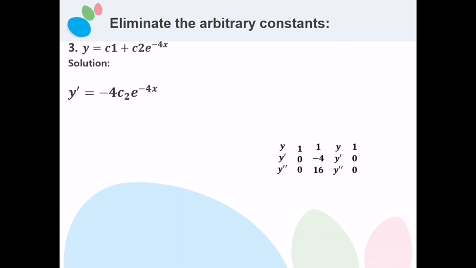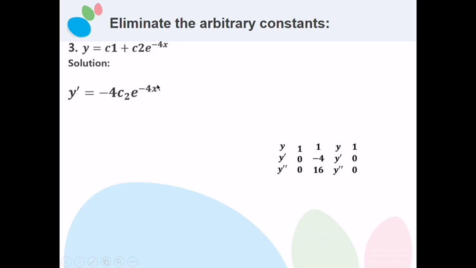Our first derivative will be negative 4 c sub 2 e raised to negative 4x. We all know that c sub 1 is a constant, so its derivative will be 0, and for the e raised to negative 4x, we have the u here, so negative 4 c sub 2 e raised to negative 4x.